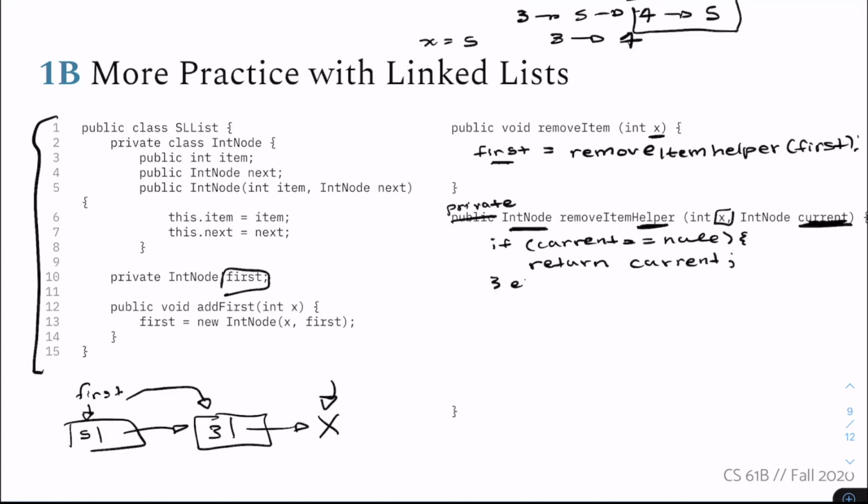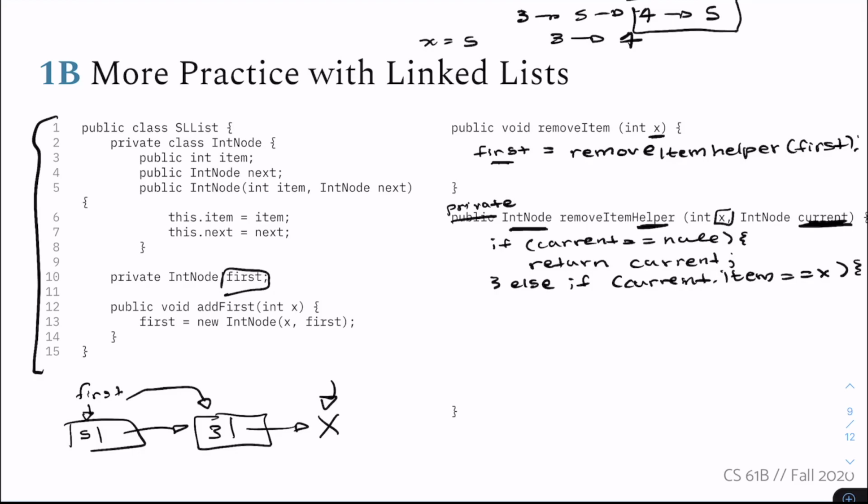So let's say else if current item equals x. Well, in that case, we don't want to attach ourselves to the int list, right? We're going to remove ourselves.